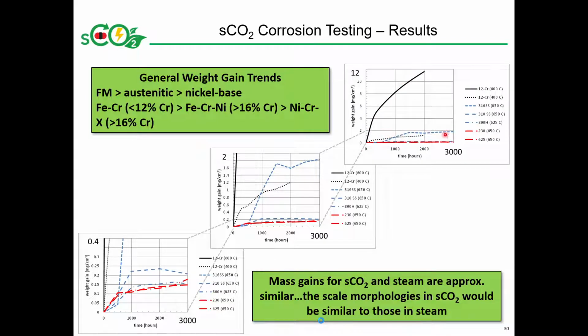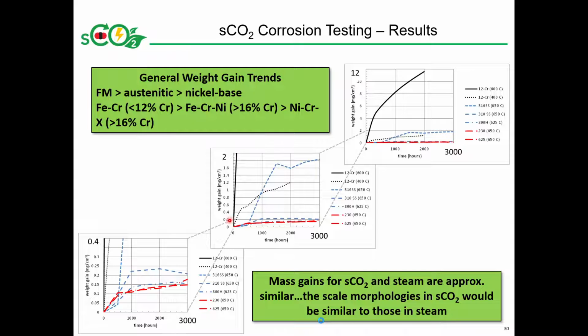The other alloys perform relatively well, either at that temperature or lower, depending on the material. If we blow up this part of the chart, we see something like this, where the 12 chrome at 400 degrees is performing a little bit better than the 316 at 650 degrees. So you can have a quick comparison there. And then these other alloys perform even better.